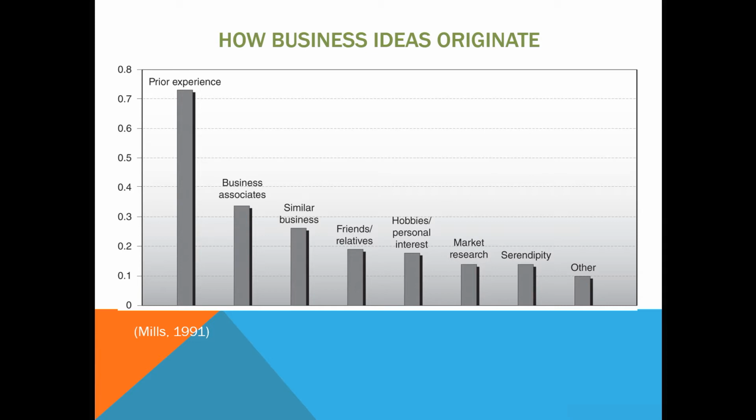So that's saying most people, you have to have a business to start a business, I guess. You're more likely, obviously. 33% of new business or business ideas come from business associates. 26% was from experiences with similar businesses. And 19% was from friends and relatives.